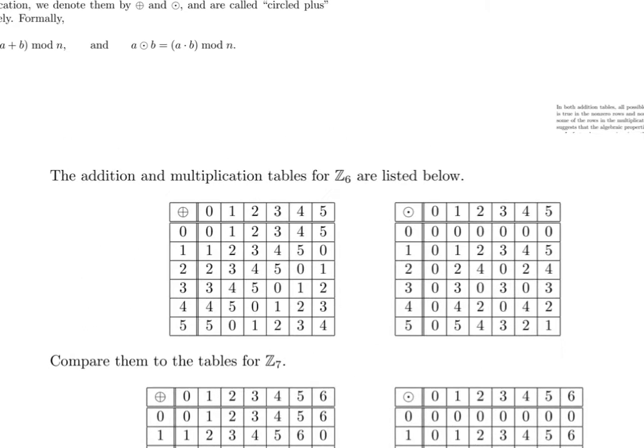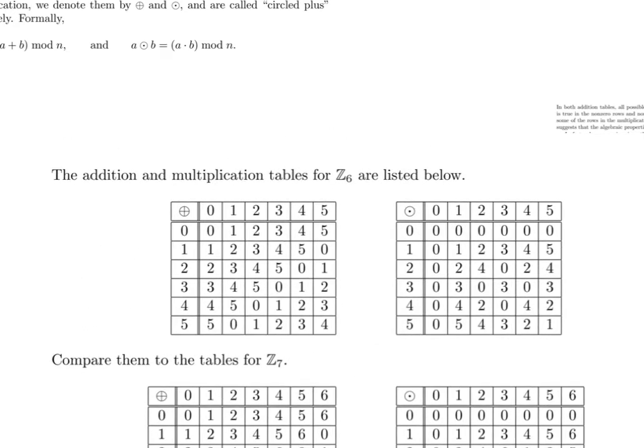So let's first take a look at addition and multiplication tables for z mod 6. Remember, I pronounced this z mod 6. So for addition in z mod 6, I'm just going to pick a random spot on this table and have us think out loud about why it is what it is. Let's say this right here. This is saying 3 plus 5 is 2.